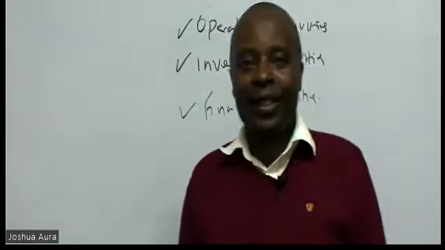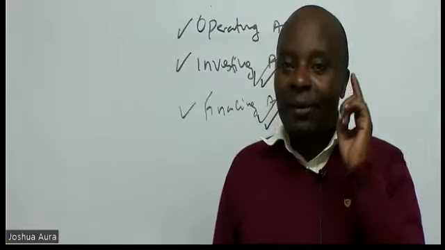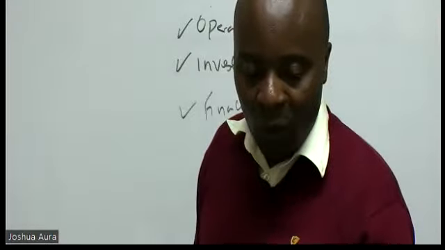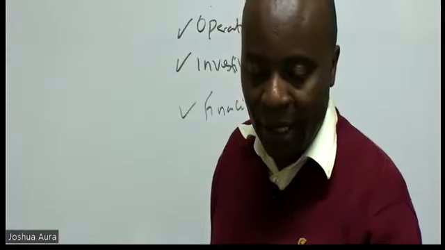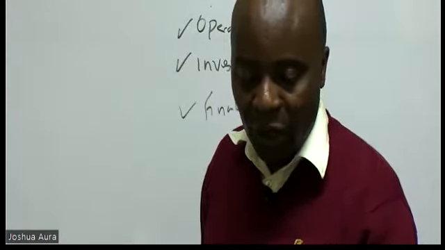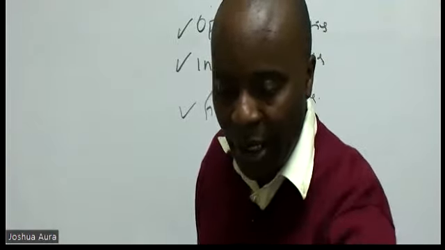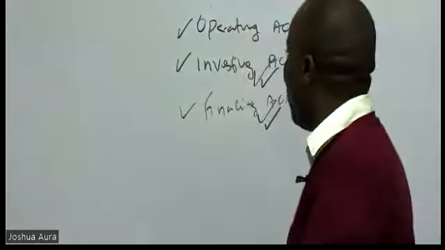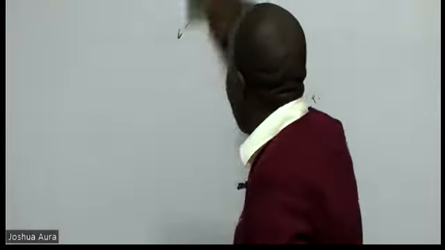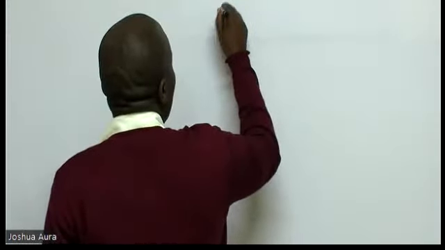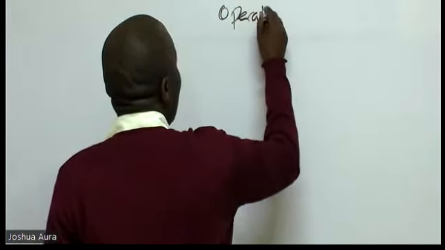When it comes to the direct method, I'll give you a pro forma statement. This is how my pro forma statement will look when it is the direct method. In this case, we shall look at the operating activities.